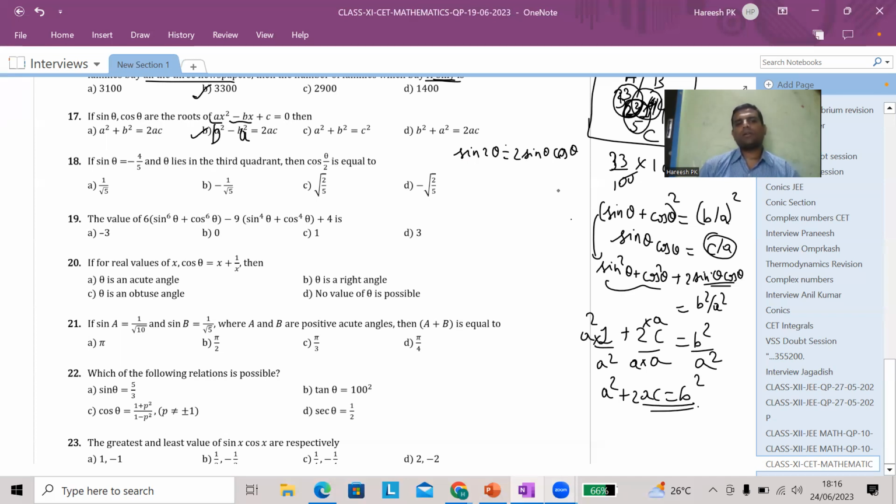Or now sine theta, we can always write as 2 sine theta by 2 cos theta by 2. And sine theta, they're saying theta is in the third quadrant. So sine theta is negative. So half of an angle. So if an angle is in third quadrant, theta lies between 180 and 270.